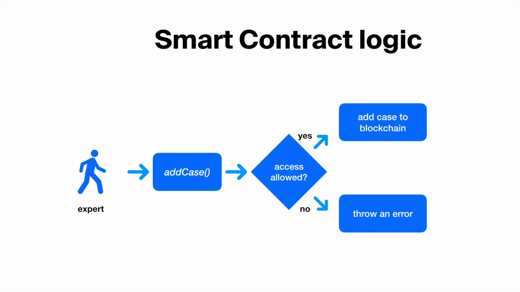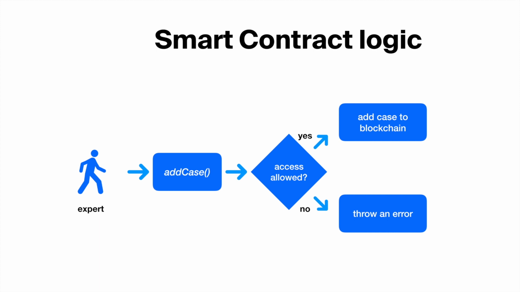Our smart contract will have really simple logic. First of all, we have a group of experts, our main users, who can use our application to add some information about pandemic cases. They need to call a function called addCase that will add their data to the blockchain.